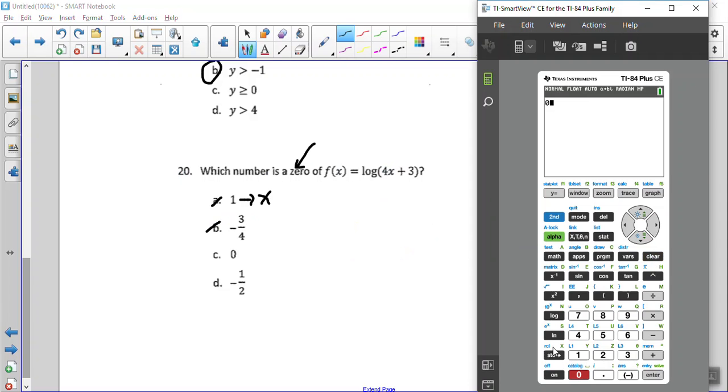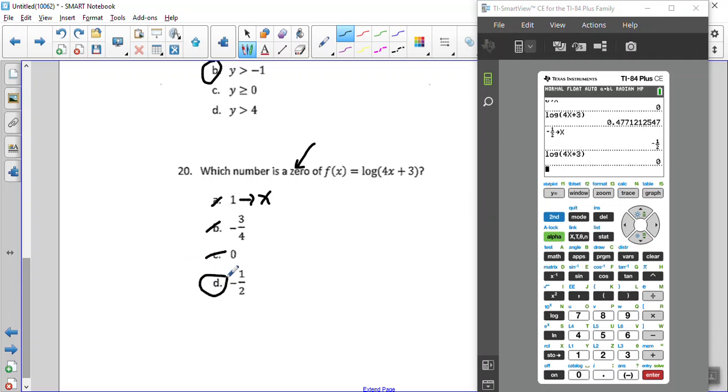Let me plug 0 in to see what I get. So it has to be -1/2. Let's see. Yep, see, that gave me a 0. When I plug -1/2 in for x and I plug in my function, I get a 0. So this has to be a 0 of the function.